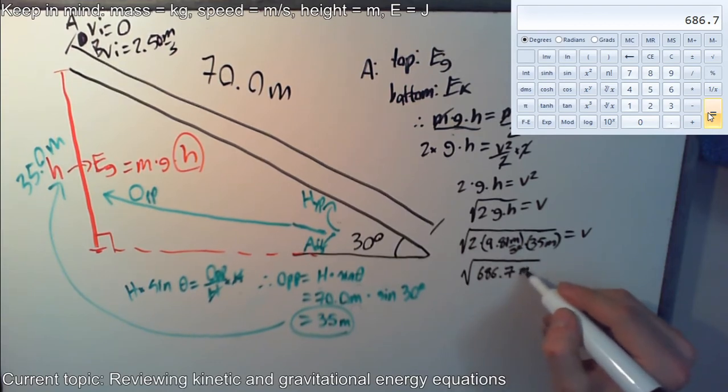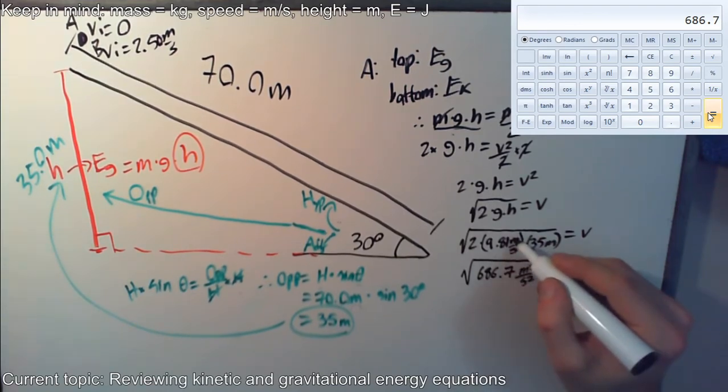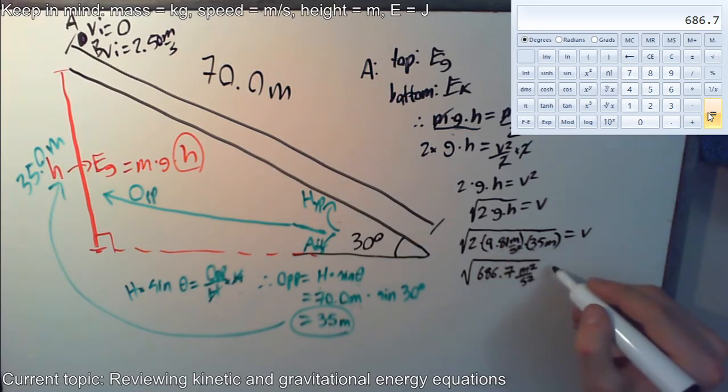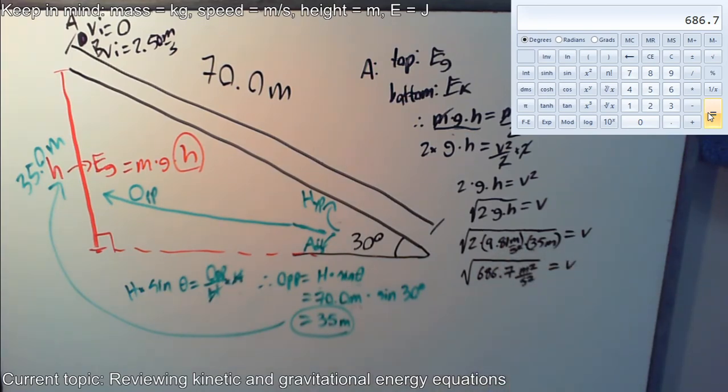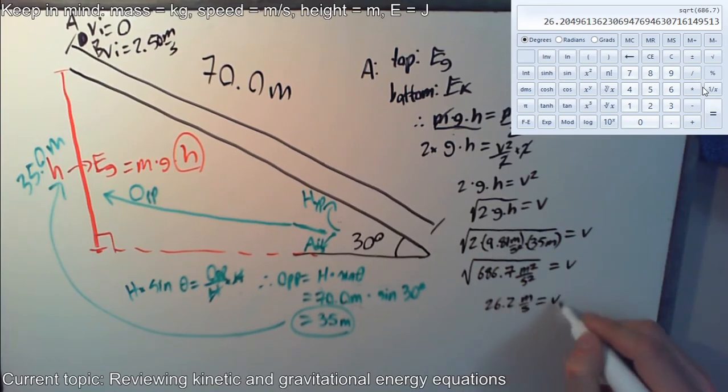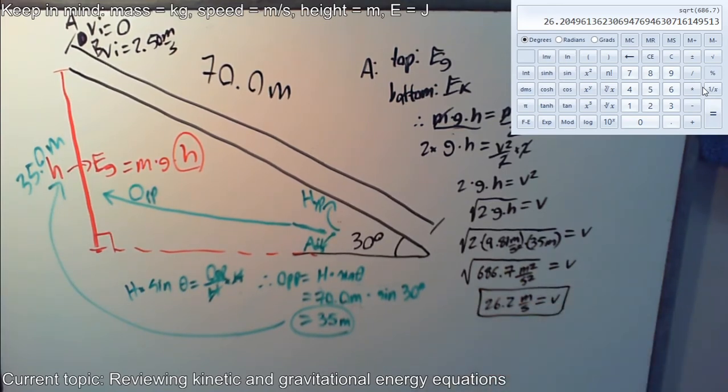It's meters squared per second squared, because meters times meters is meters squared, and the seconds squared stays around. Then we're going to square root that, so let's hit the square root button on our calculator. 26.2 meters per second is the speed in situation A, where the initial speed is 0 meters a second.